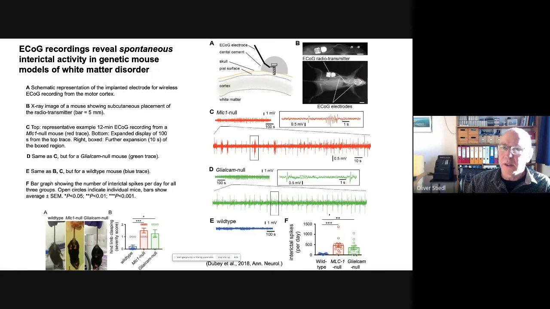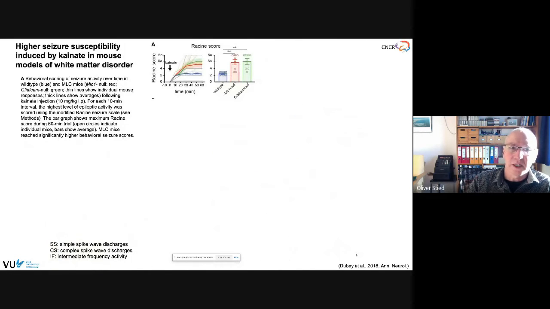Now, the issue is, in these animals, we did not see very much seizure-related aspects, so we decided to challenge the system, to find out what is happening if we stimulate with kainate to bias the signaling into a more excitatory domain. And as you can see now, with increasing time, the Racine score increases, which is an index of the severity of seizure-like occurrences, from very simple mouth movements, which are described at least in humans, and are delicate in mice, up to higher levels.